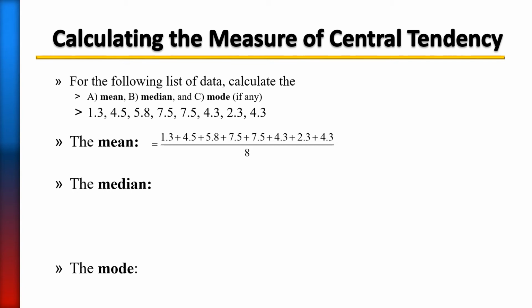So when we add all the 8 numbers, we're going to get, what is it, 37.5. Go ahead and divide that by 8. And what we're going to get is approximately 4.7 as our mean.